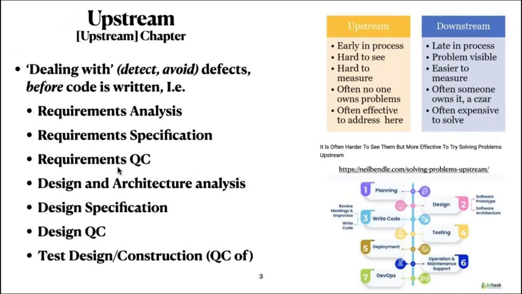First, the concept, which I'm sure many of you are familiar with, but I wanted to have a more formal definition of it, the notion of upstream. And so I mean upstream of writing code and executing code and testing code. So that covers everything to do with requirements and design and test design and construction.